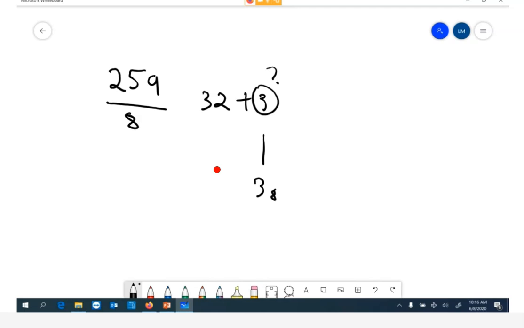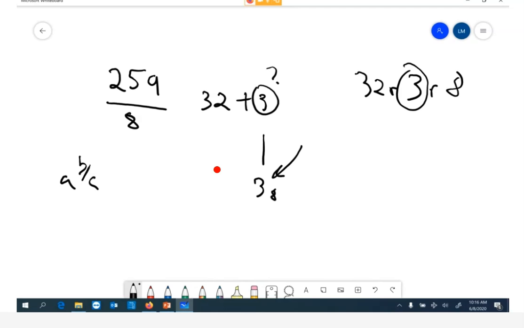It's a portion of the eighth. So on your calculator, you do have an ABC key, and if you hit that key, it will rewrite your .375 as 32 and 3/8. So that's where that 3 comes from.